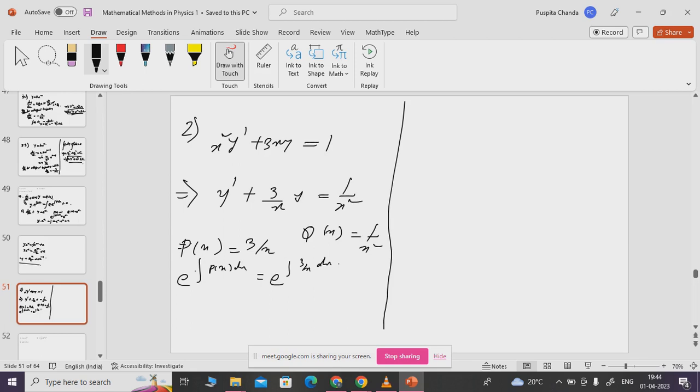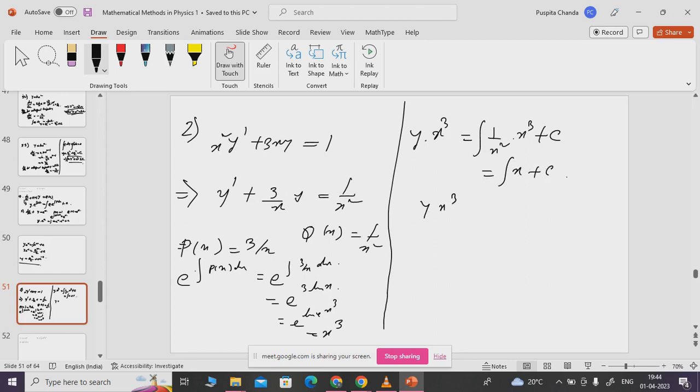So e to the power integration P(x) dx is e to the power 3 integration dx by x, the integration is ln x, so e to the power 3 ln x, we can write it as e to the power ln x cube, so it will be x cube.